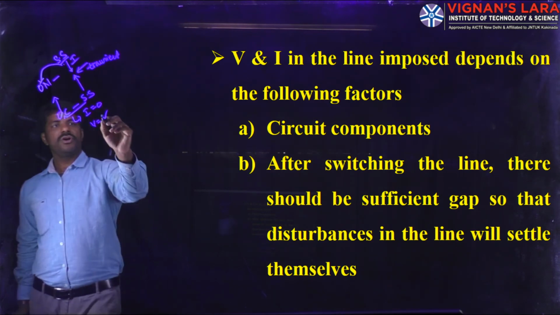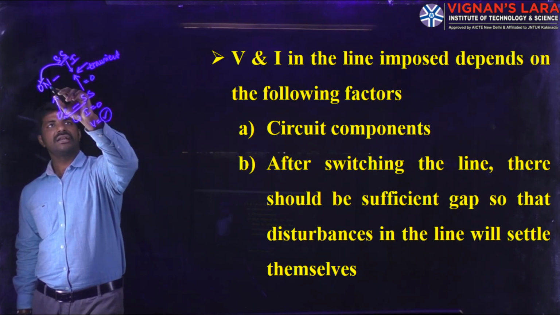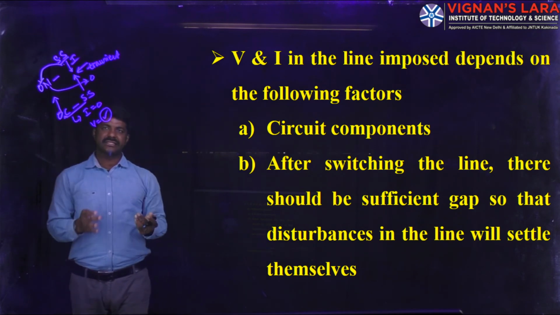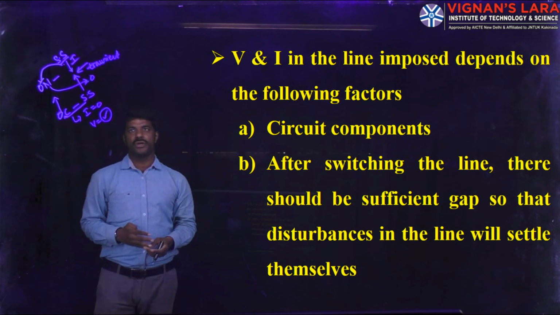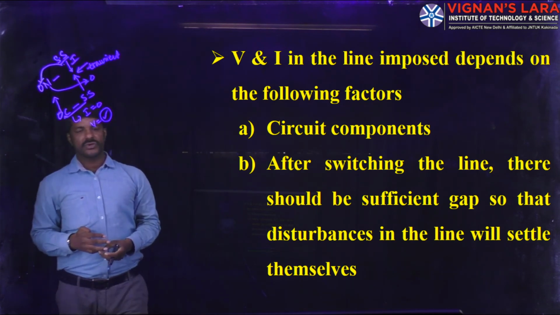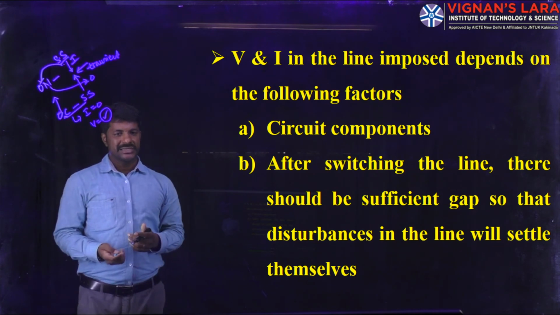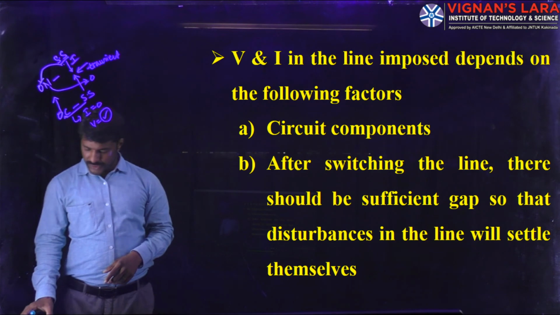Similarly, the voltage of higher magnitude will fall and become 0 under turn on condition. Suddenly, just like that, the voltage may not fall to 0. It will take certain time. That gap is what we call the occurrence of the disturbance due to these switching operations, which are required for our analysis also.